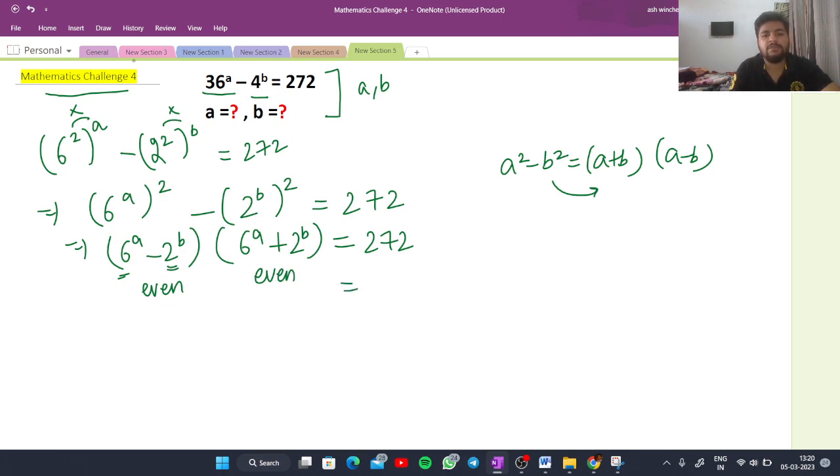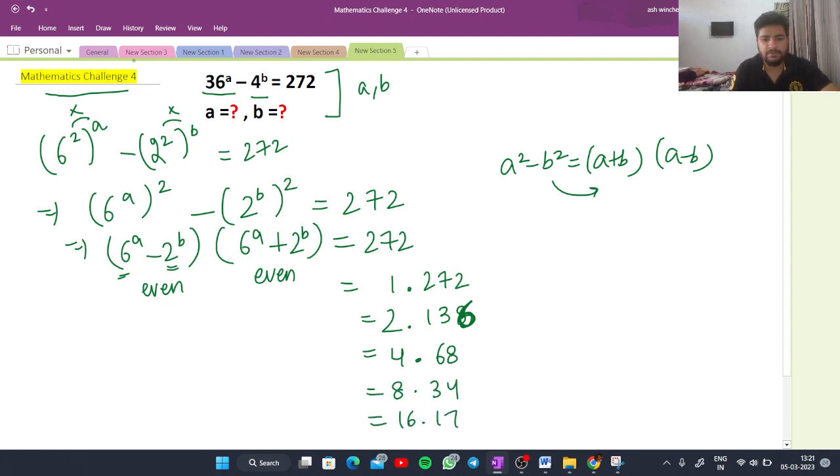Now we can write the factor pairs of 272 as 1 into 272, 2 into 136, 4 into 68, 8 into 34, and 16 into 17.